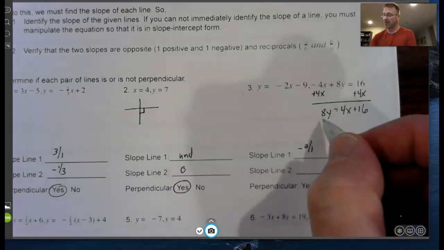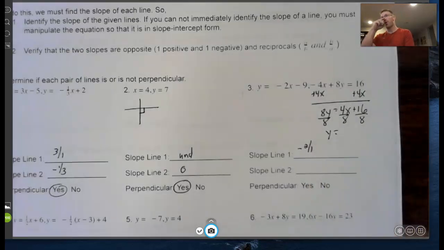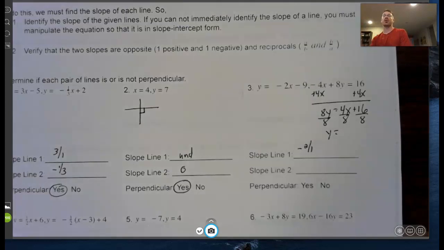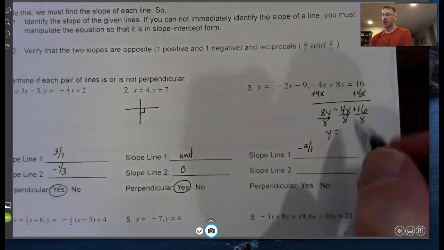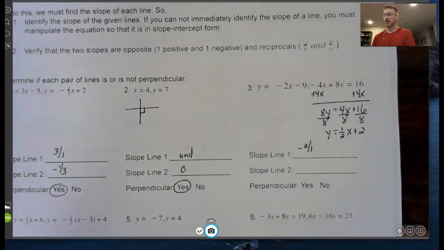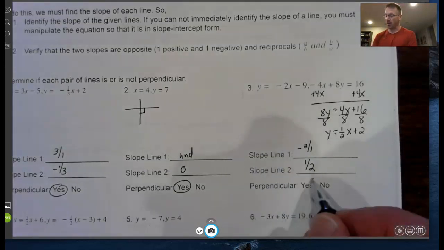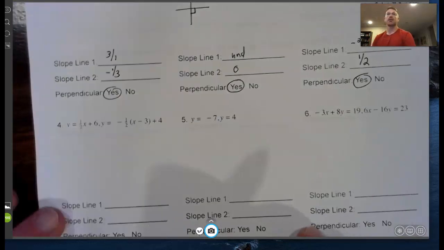And then I'm going to divide everything by 8. And so I get y equals, and remember, we always want to have our slopes in lowest terms so that we can compare them. So 4 over 8 reduces to 1/2, and then x plus 2. And I can see that the slope of this line is 1/2. So they are opposites and reciprocals, so they are perpendicular. All right, so moving to 4.